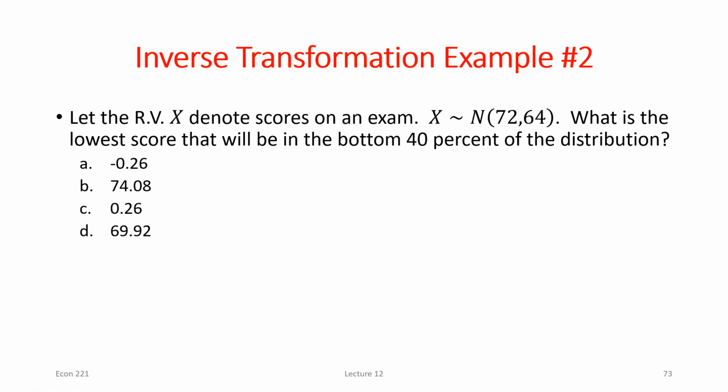Approximately, if I'm thinking about 0.26 as the cutoff for the bottom 40%, it doesn't make any sense, right? A test score that low would be the cutoff for the bottom 1%. So C and A just don't make a lot of sense in the context of this example. Also, we'll talk about why we can rule 74 out as well in just a second.